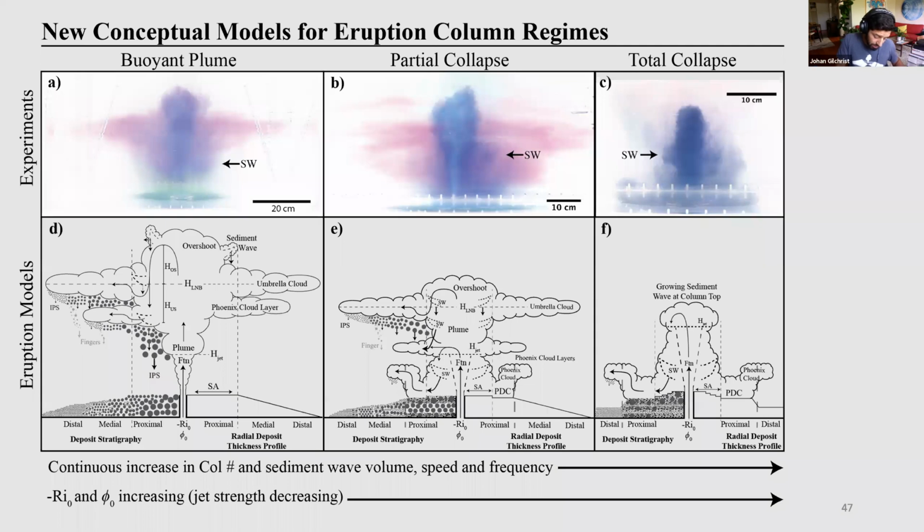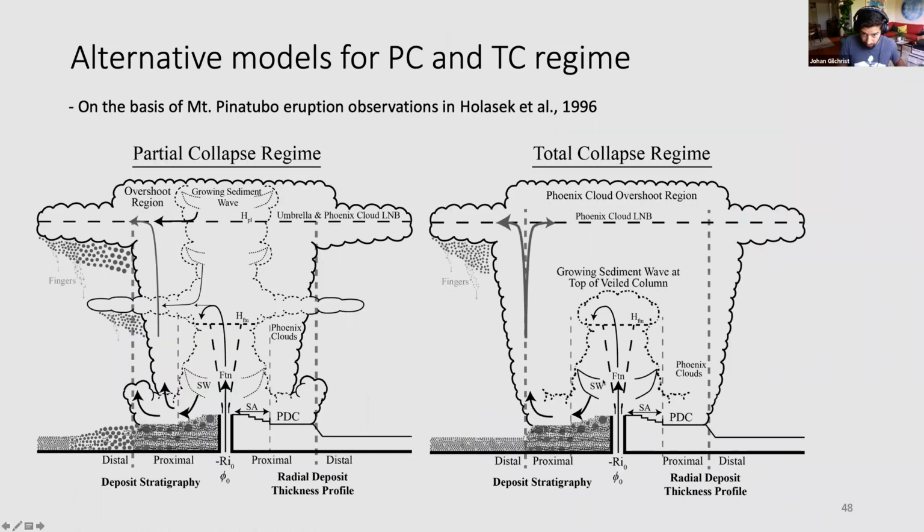Now, I'm just going to add some alternative regime models here because our experiments are isothermal, so the Phoenix clouds that rise over our gravity currents are not generating buoyancy through entrainment, even though in the real case they could retain temperatures close to their magmatic fragmentation temperatures, as maybe was the case for Pinatubo.